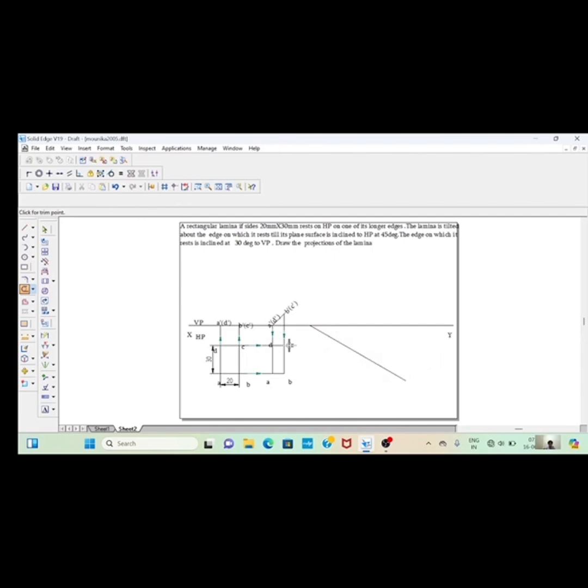Go to trim and trim the unwanted lines. Now go to move and select the box which should be moved.